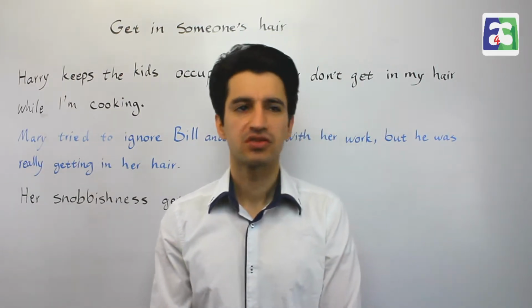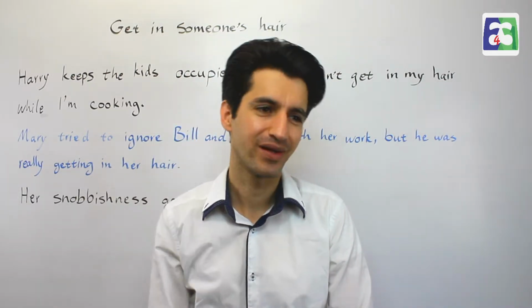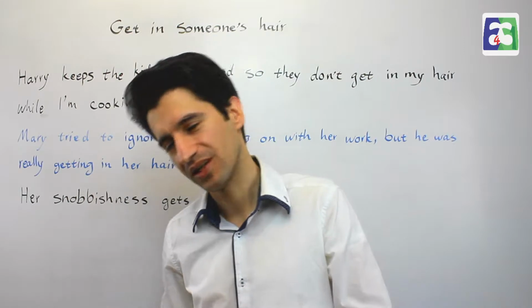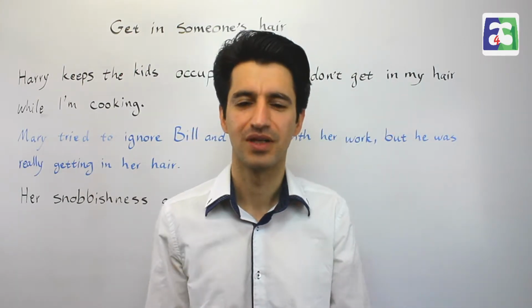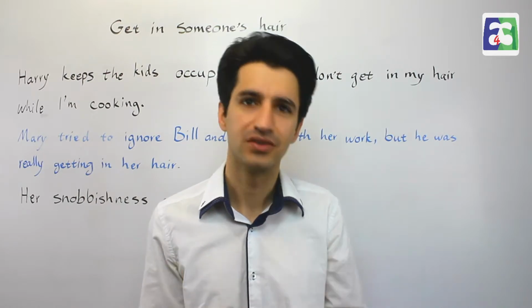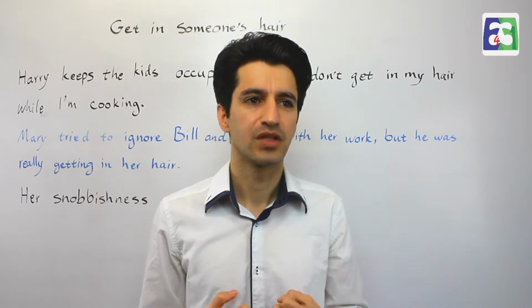Well, imagine someone is playing with your hair and their hand is in your hair and they are pulling your hair and pushing it and doing these kinds of things. What happens to you? How would you feel? Well, you get nervous, you get frustrated, you get angry, you get annoyed.